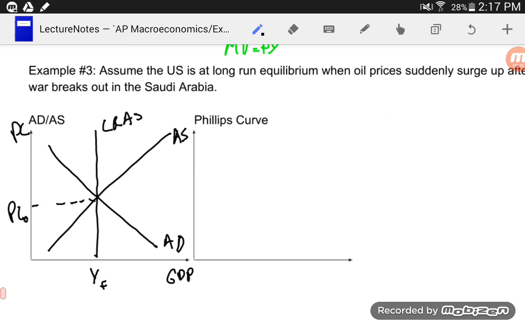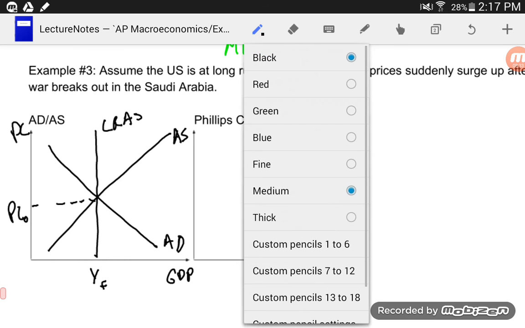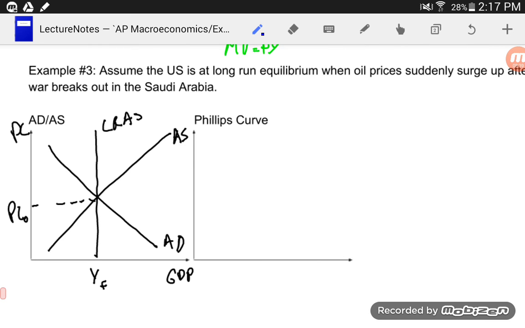Price level. Now, if oil prices suddenly surge up, well, what is that going to do? I mean, oil is used for manufacturing and shipping and producing just about every single good. It's somehow tied to just about everything. So if we have a huge jump in oil prices, we're going to get what we call a supply shock.